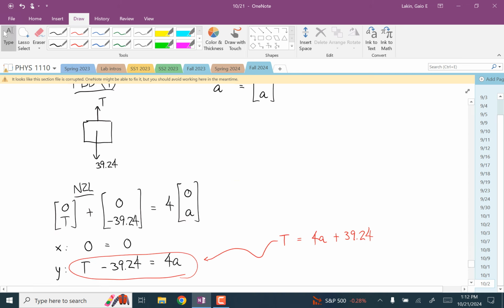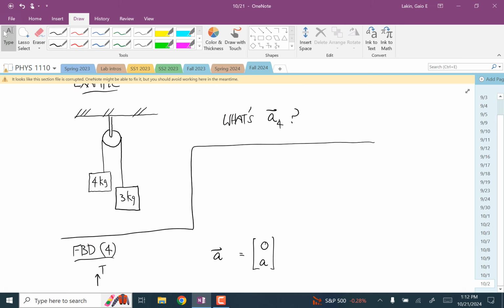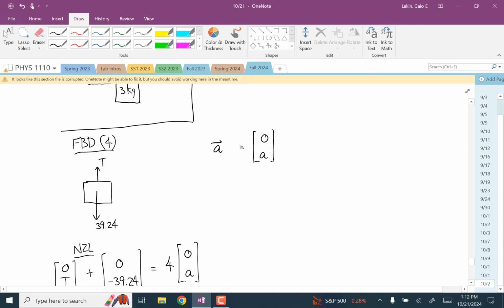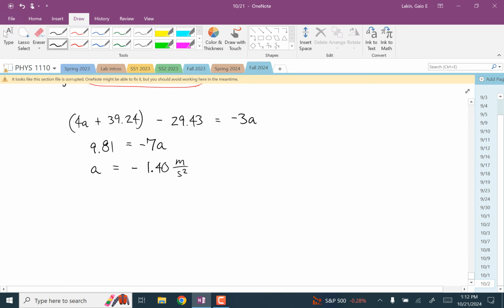And now from our first body, we're trying to calculate the acceleration of the first one we chose. Our acceleration vector is 0a. So now just plug a in there, and we get that the acceleration vector of the 4 is 0, negative 1.40, or down at 1.40.